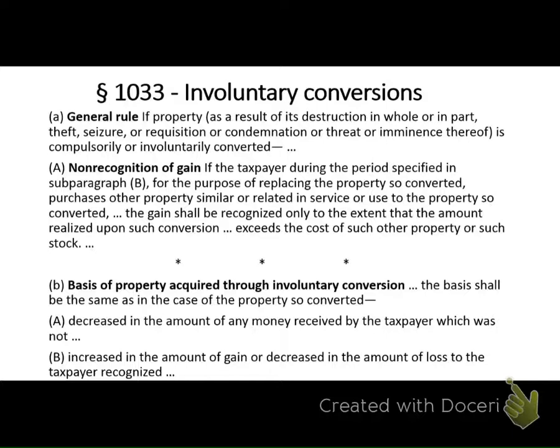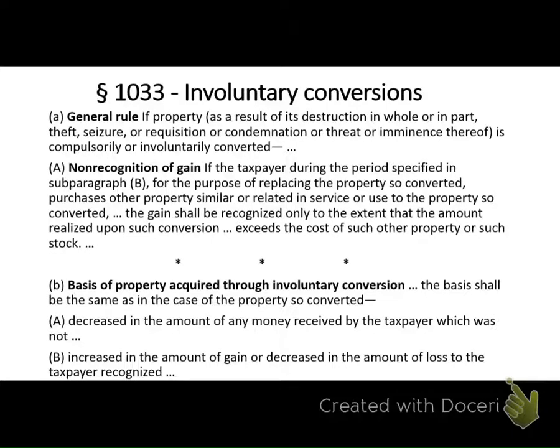Basis of property acquired through involuntary conversion. So this is the same as the 1031(d) type basis. It's stated as a different calculation, but we're doing the same thing. We're taking any amount of gain realized that we didn't recognize due to the non-recognition provision, and we're preserving it in the new basis, right?